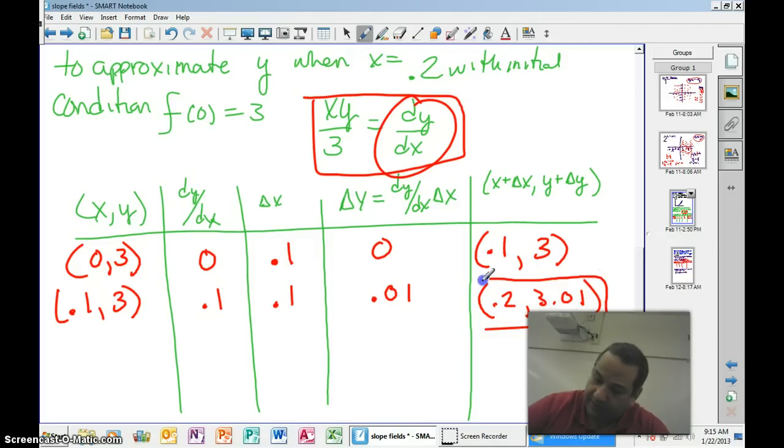I have now approximated it when x is 0.2, okay? And it becomes 3.01. Very much like Newton's method. I was a little confused before because I'm an idiot sometimes. But we got it going.